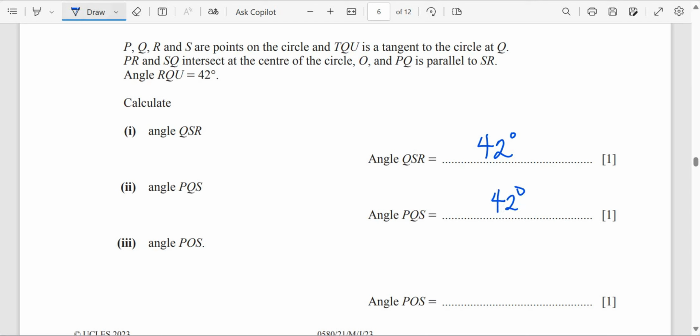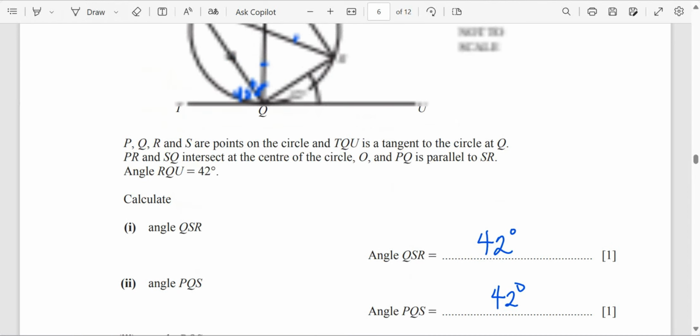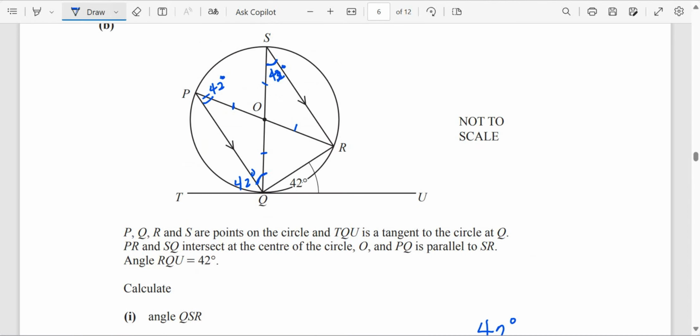Then angle POS, we are looking for angle POS. So let's identify which is angle POS. So we are looking for this angle. Now, since we know that this is the diameter, that makes this angle 90 degrees, angles in a semicircle. This is 42, and then this is 48.